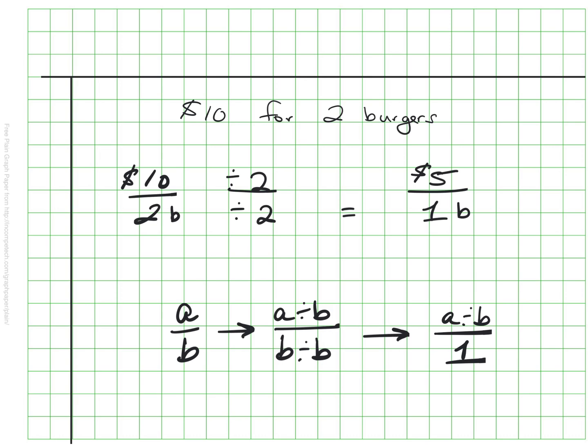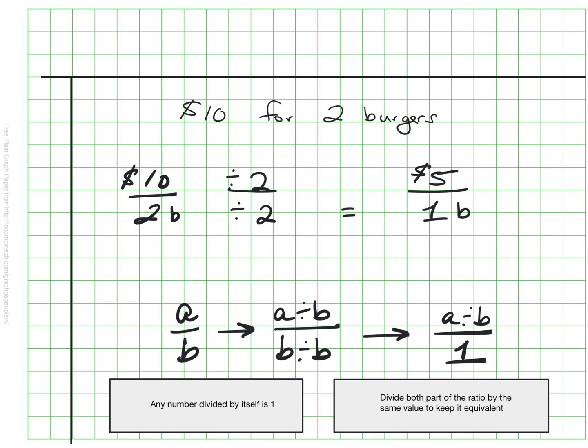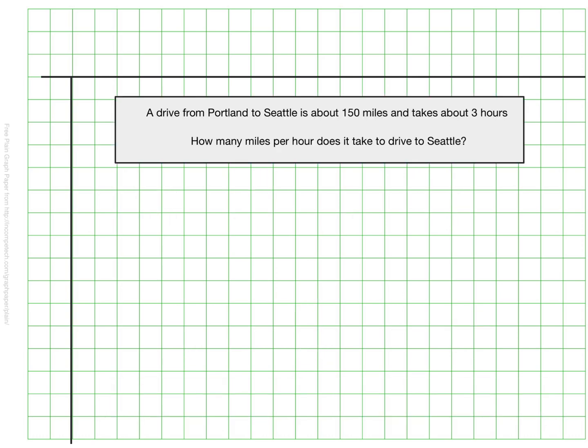But I need to do that to both parts of my ratio, so I divide my A value by B as well. Doing that will ensure that we keep an equivalent ratio in the end, right? The idea here is that we're looking for equivalent ratios, but one of the numbers in the equivalent ratio this time is 1.